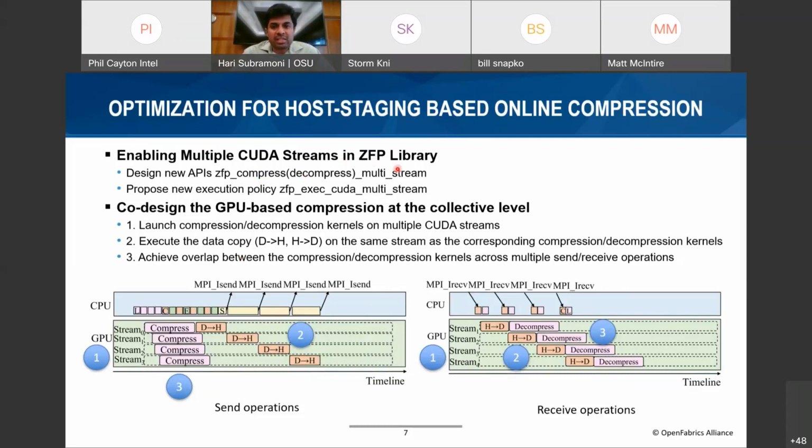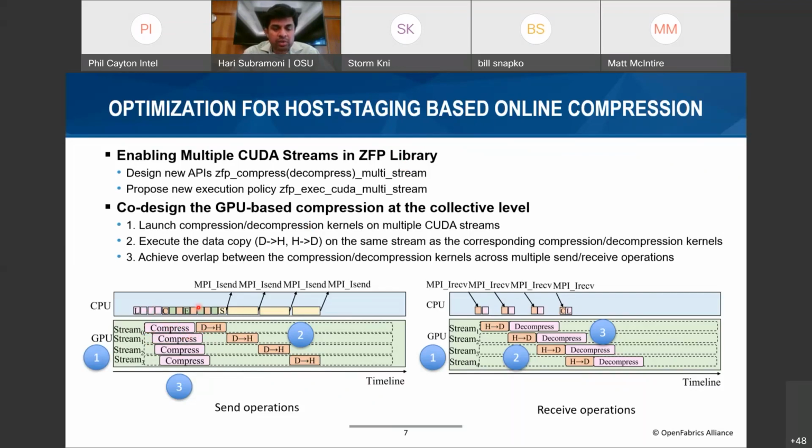So by enhancing the ZFP compression library with support for multiple streams, instead of serializing all of these operations, let's say the second compression starting after the first compression finishes, we are able to more or less overlap most of these operations.